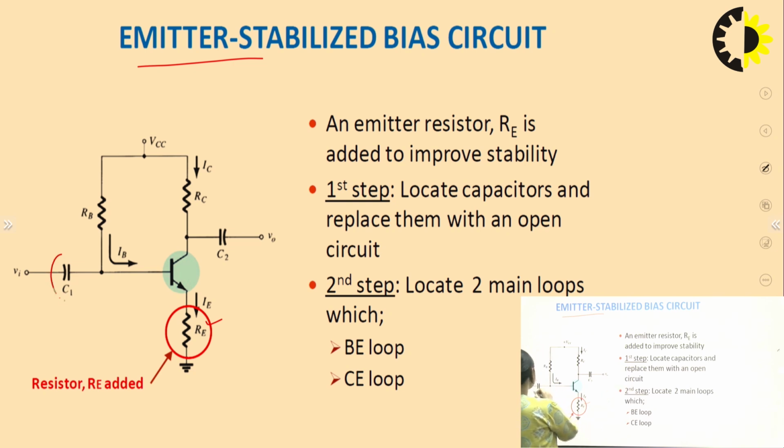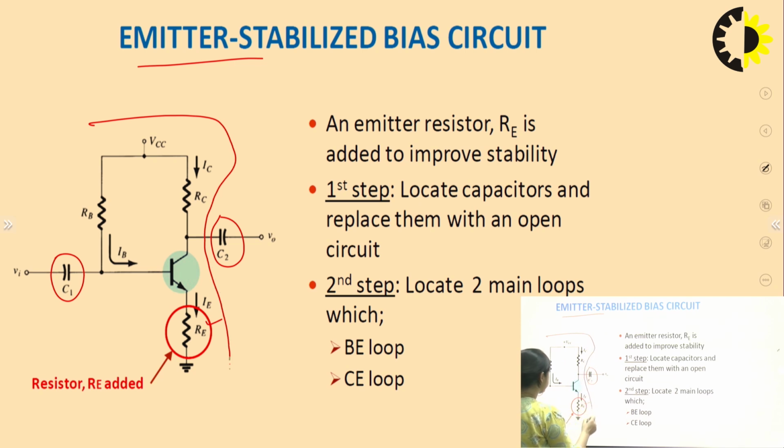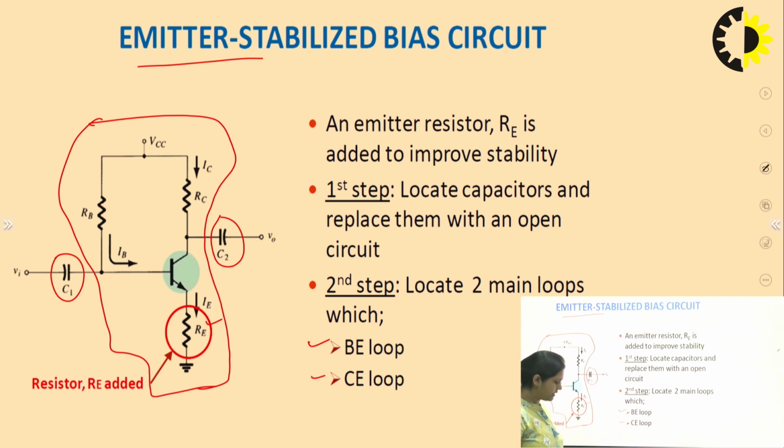These capacitors are coupling capacitors used in the AC analysis when we apply some input signal, so in case of DC the capacitors can be open circuited, and my circuit will be this only. Now we can locate these two loops, the base emitter loop and the collector emitter loop.